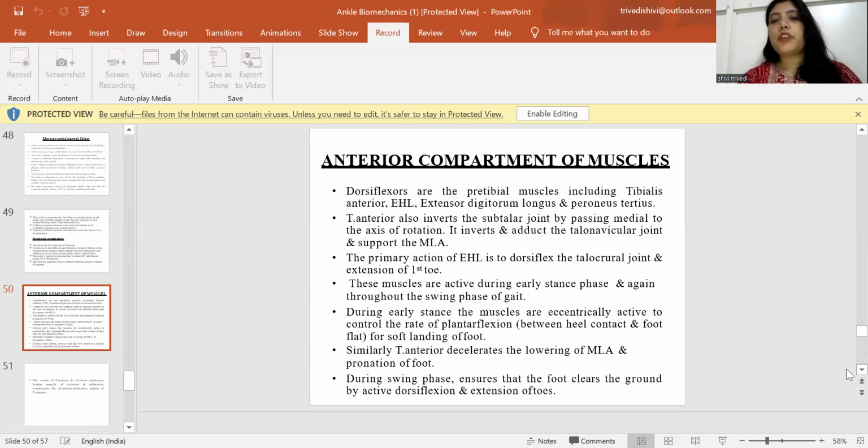The primary action of extensor hallucis longus is to dorsiflex the talocrural joint, and extension of the first toe. These muscles are active during the early stance phase and again throughout the swing phase of gait. During early stance, the muscles are essentially active to control the rate of plantar flexion.